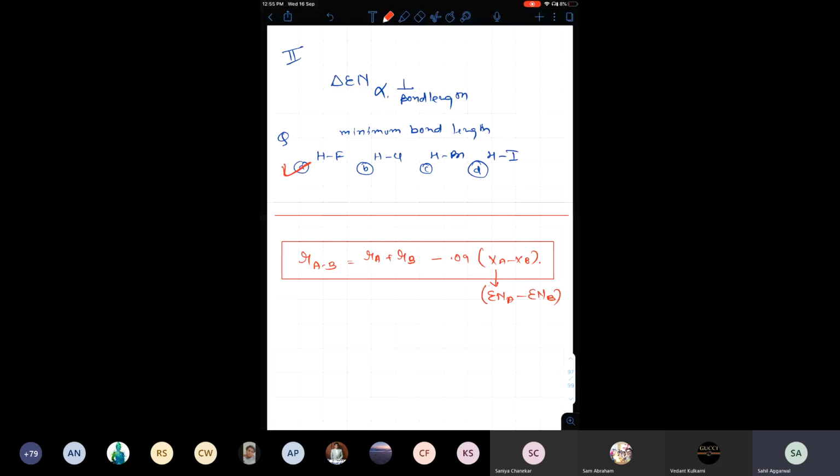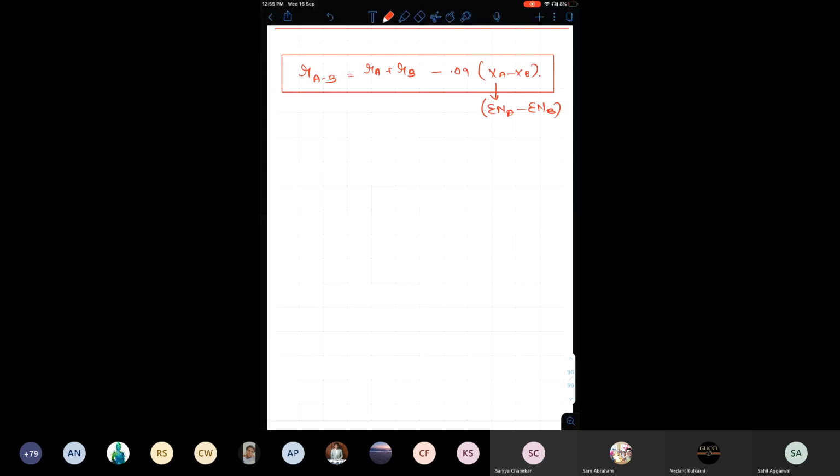Let's write one more formula. The percentage of ionic character in a molecule is given by 16 into XA minus XB plus 3.5 into XA minus XB whole square.